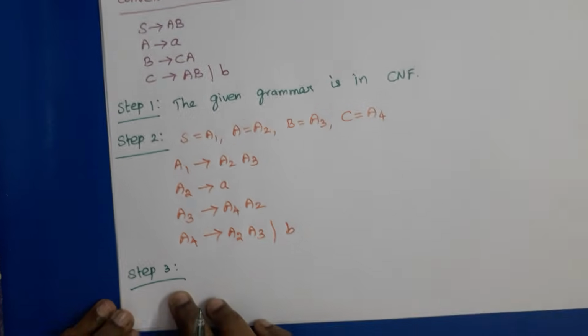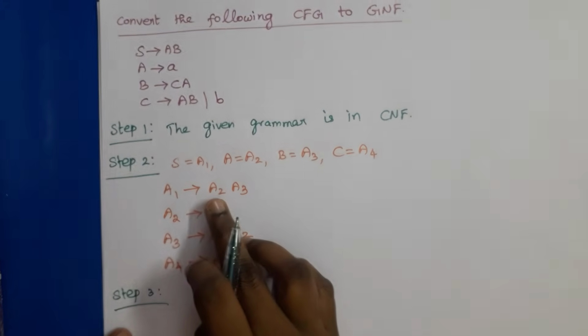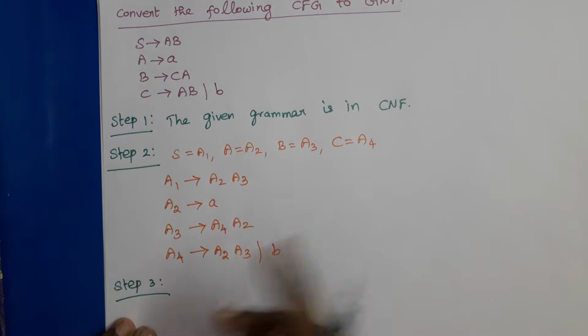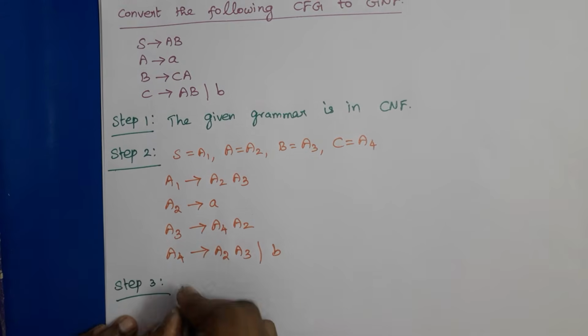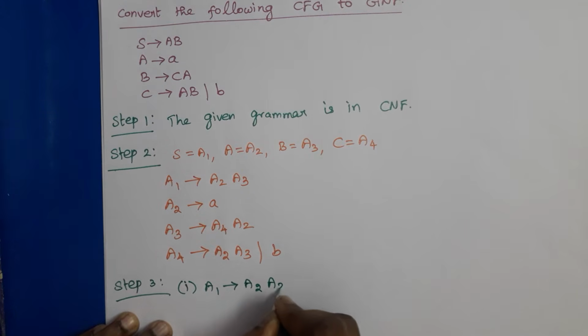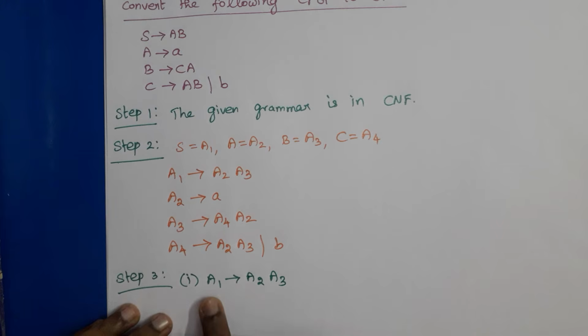In step 3 we have to consider each production one by one and try to convert it into GNF format. So now first I am going to consider A1 implies A2 A3. We have to check whether it belongs to the i less than j case, i greater than j, or i equals j case.